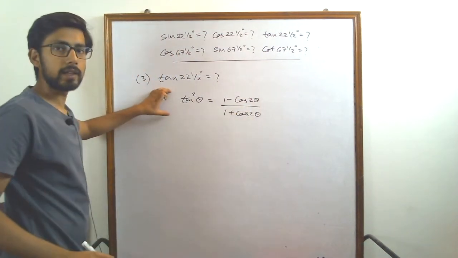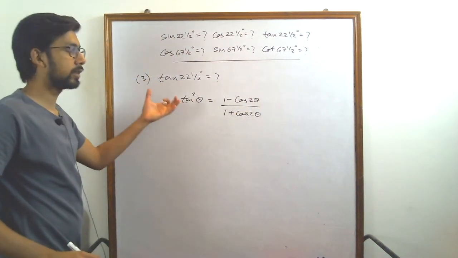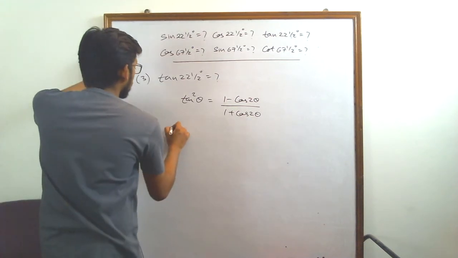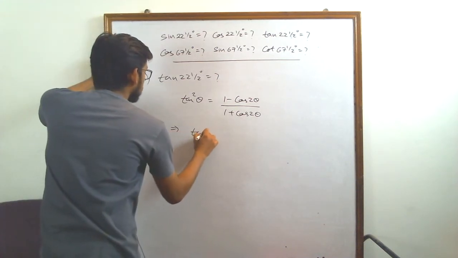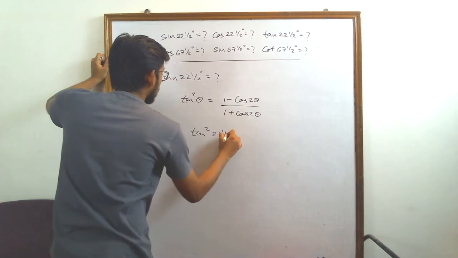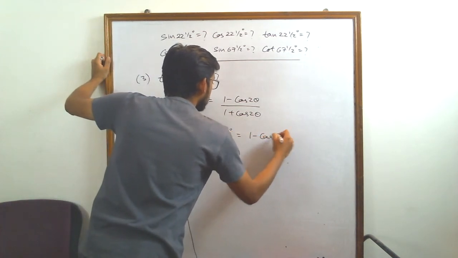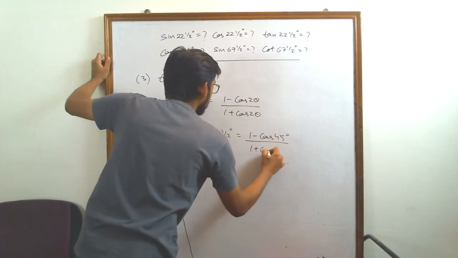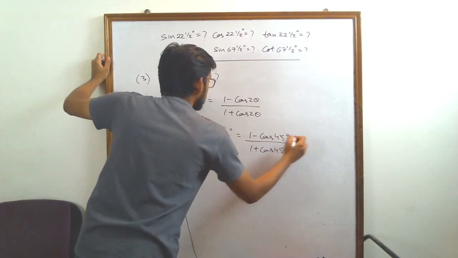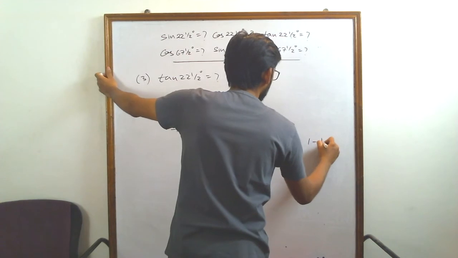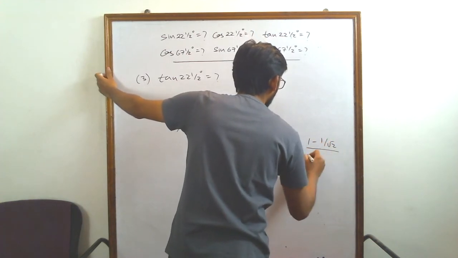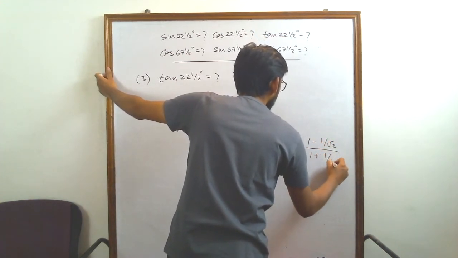We studied these formulas in the double angle formula video. So now tan square 22.5 degrees is equal to 1 minus cos 45 degrees upon 1 plus cos 45 degrees, which is equal to 1 minus 1 upon root 2 upon 1 plus 1 upon root 2.